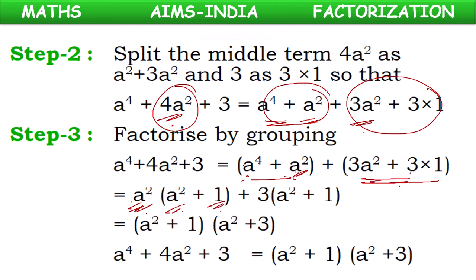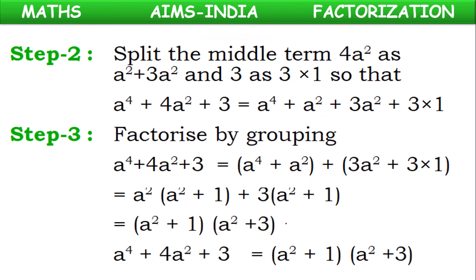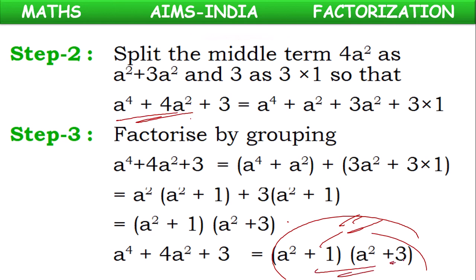From the other group, if we take 3 as common, a square will remain, 1 will remain. Again a square plus 1 we will take common. So a square plus 3, here a square will remain, here 3 will remain. So this is the answer, children. Like this, though it is not quadratic, we can change it into quadratic and we can find the factors.